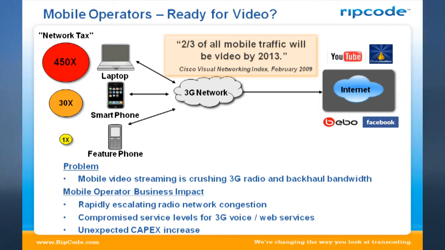They have higher resolution screens, they have stronger processors, more memory, and the ability to consume more bandwidth. So that creates a problem for the mobile operator in that a lot of bandwidth is now being consumed for video delivery, and it can get in the way of customer satisfaction for even voice traffic and lead to a faster than desired capital build out for mobile networks.